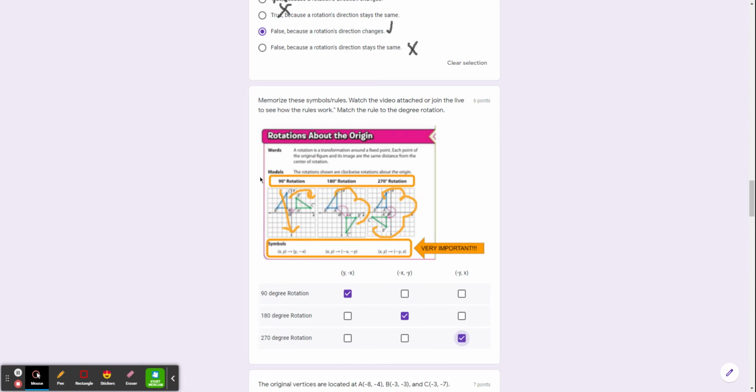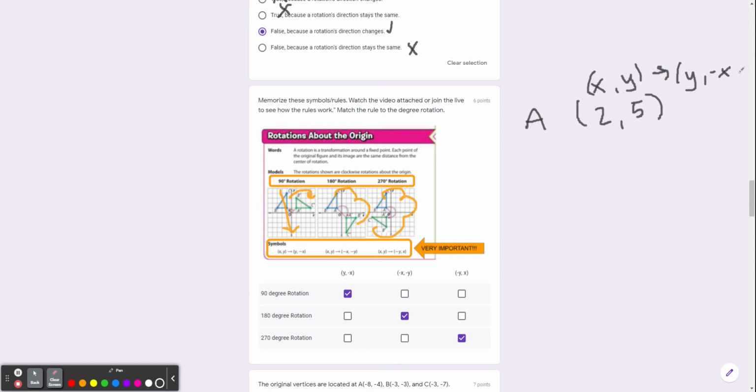So what does that mean? So let me show you. If I have a vertex, let's say point A is at (2, 5), and I want to do a 90-degree rotation. So what that means is my (x, y) is going to turn into (y, -x). My x and my y, they're going to flip. The y is going to come to the front.